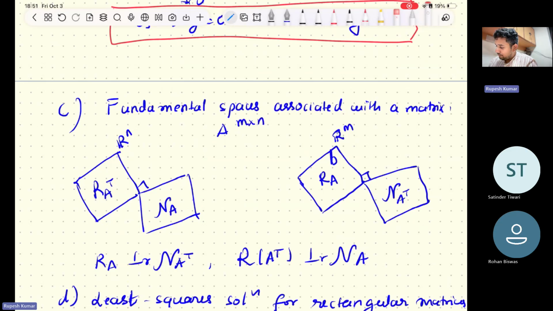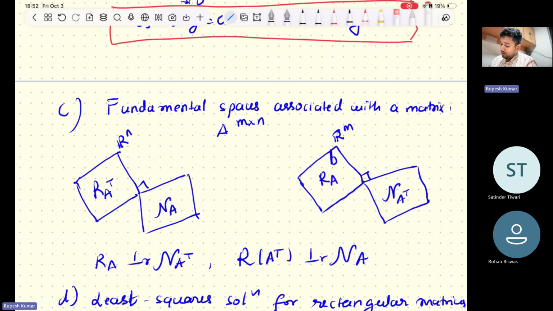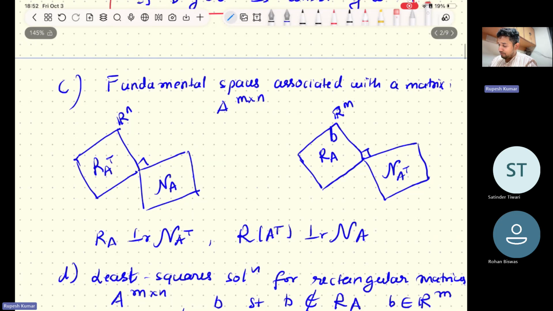So you can define operations on vectors which belong in the same space. So you can always define operations between vectors in R(A) and N(A transpose). And we can prove that if a vector belongs to R(A), then it will be orthogonal to vectors belonging to N(A transpose).